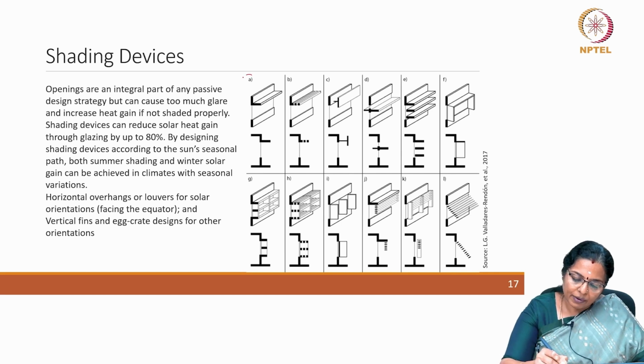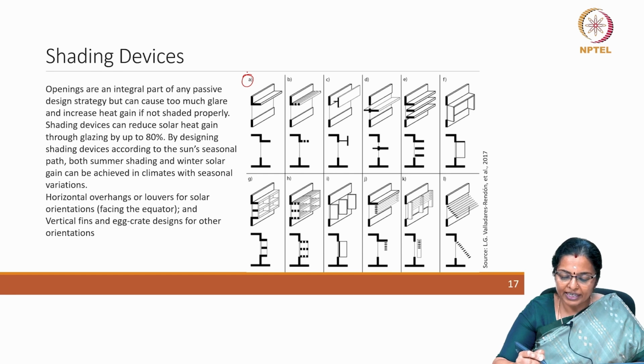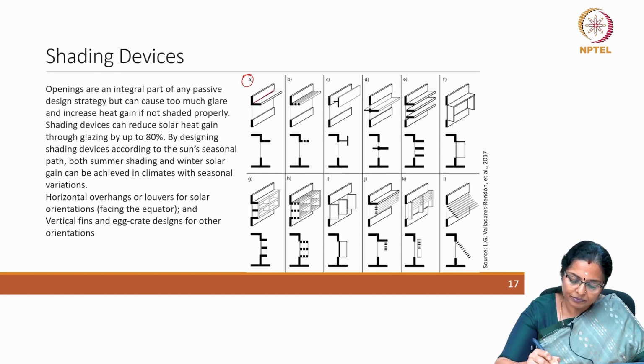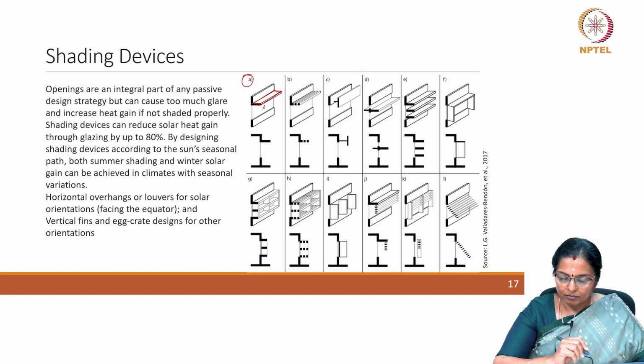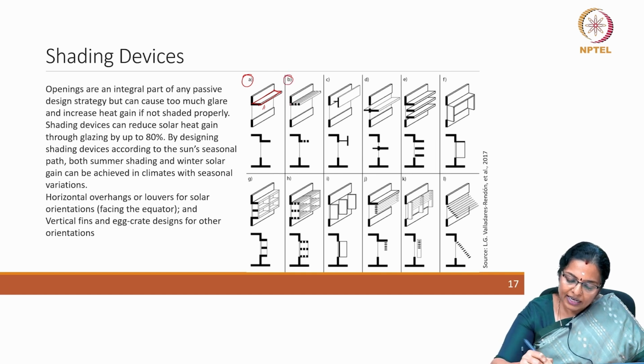This type, A, is called the horizontal shading device, and it is a single piece of slab over the opening. B is a horizontal shading device, but it has a pergola.